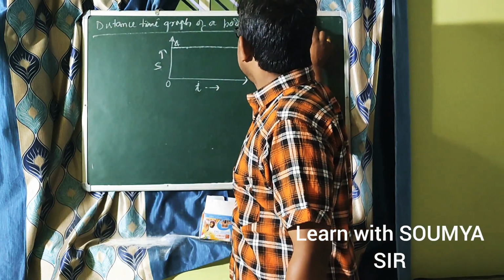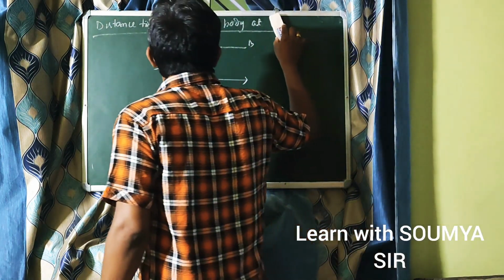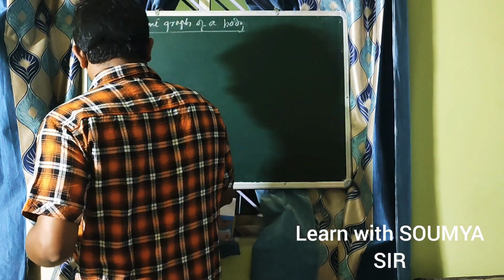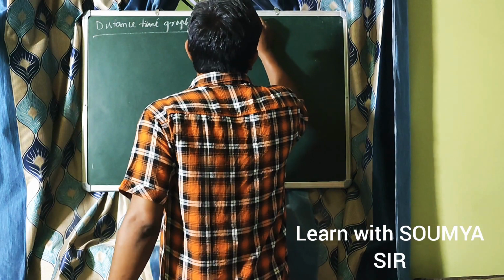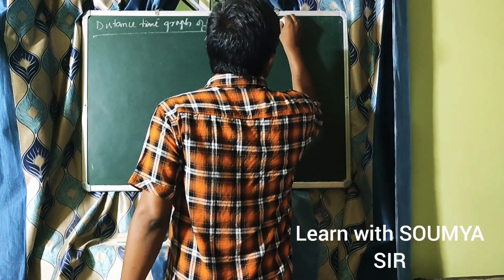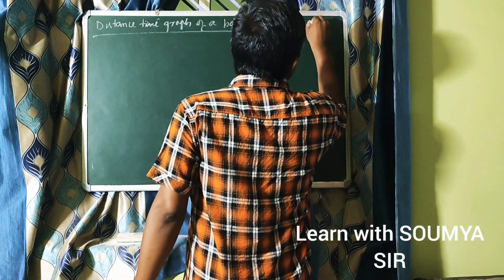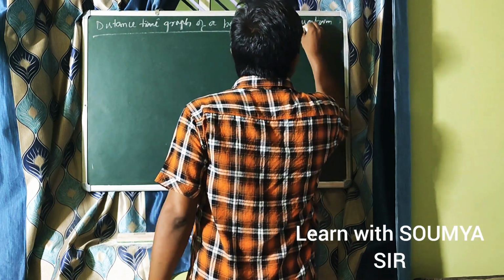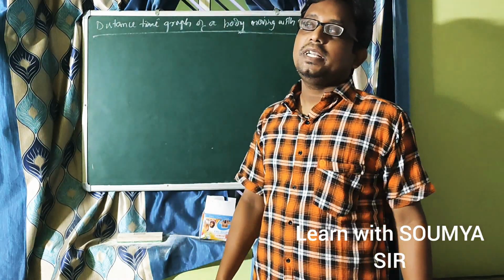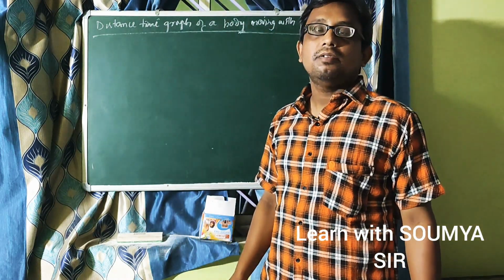Next we will see the distance time graph of a body moving with uniform speed. I have told you about uniform speed. In uniform speed, equal distance will be travelled in equal intervals of time.